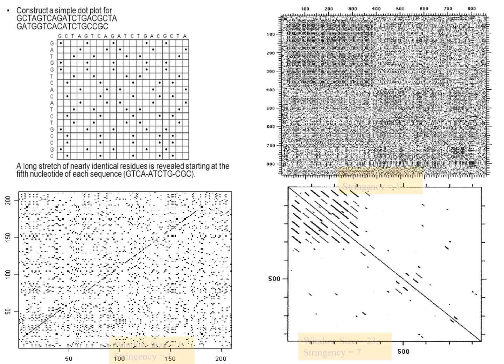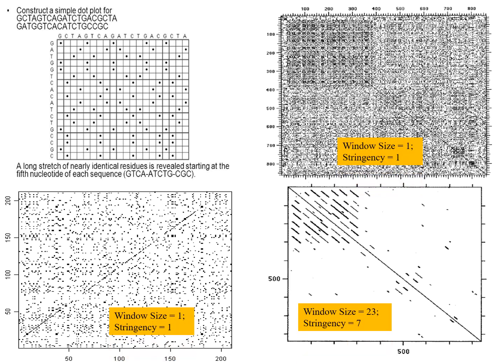So this is a graphically easier method because the next step in dot plot is to concentrate and look out for the regions which have the longest stretch, a kind of diagonal.